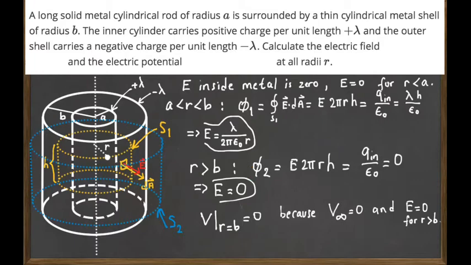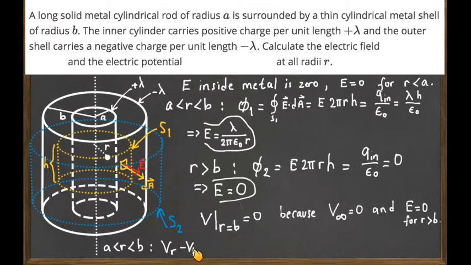So this is the reasoning that the potential of the outer shell is equal to 0. And next, let's choose a point in between these two cylinders, where R is between A and B. So what is the potential at that point in between the cylinders? Let's take this point at a distance R to the center, and since we always define the potential difference, let's choose a point where we know the potential.